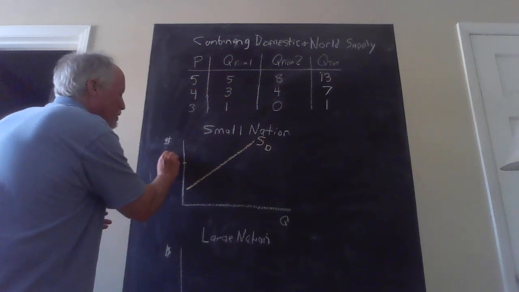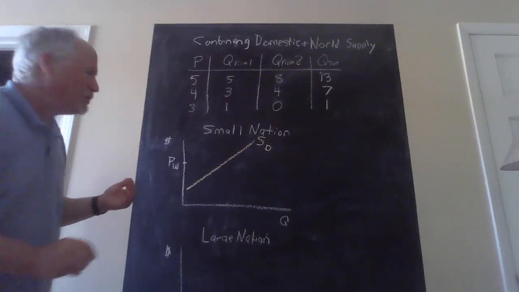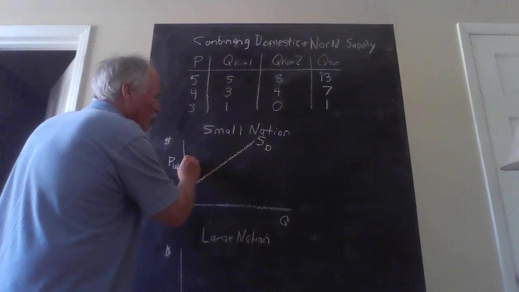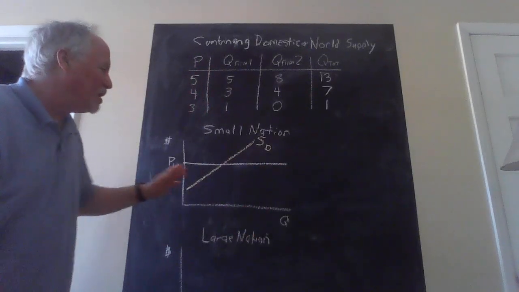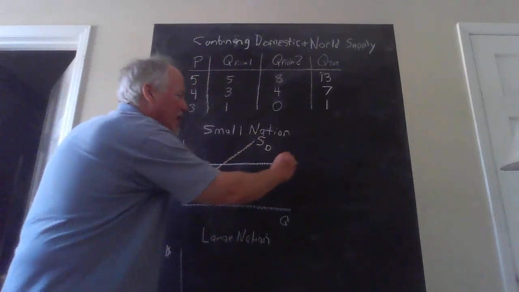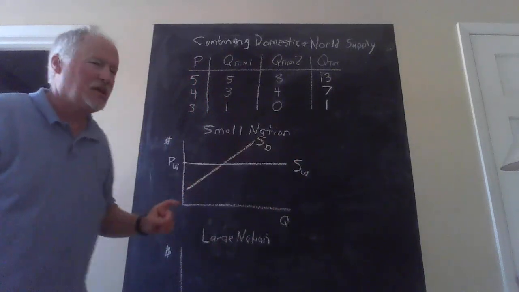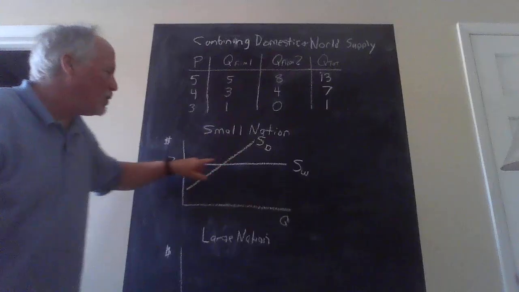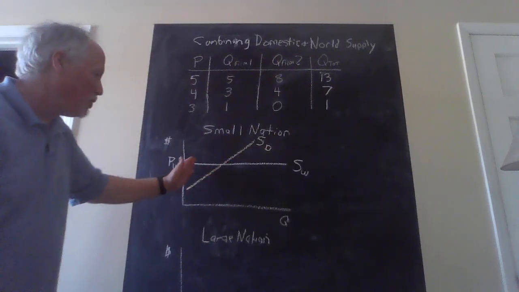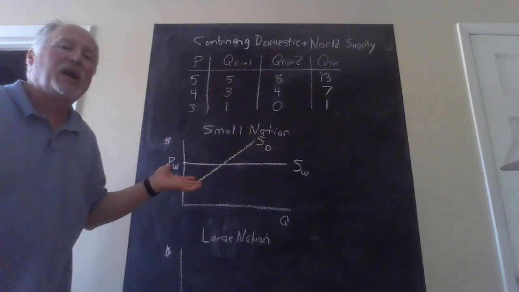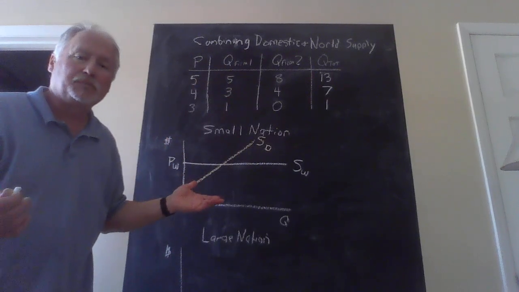So here's the world price, we'll call that PW, and the supply curve for the rest of the world is horizontal at that price, meaning that this country could come in and buy whatever quantity they wanted from the rest of the world. We'll call that SW. They can buy whatever quantity they want from the rest of the world at this price of PW. They could buy a small quantity, medium quantity, big quantity. They can buy as much as they want at that price.